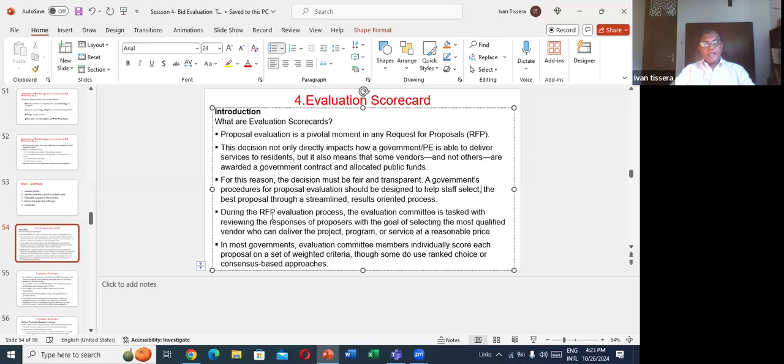During the RFP evaluation process, the evaluation committee is tasked with reviewing the responses of proposers with the goal of selecting the most qualified vendor who can deliver the project, program, or service at a reasonable cost. In most governments, evaluation committee members individually score each proposal. That is the normal way.